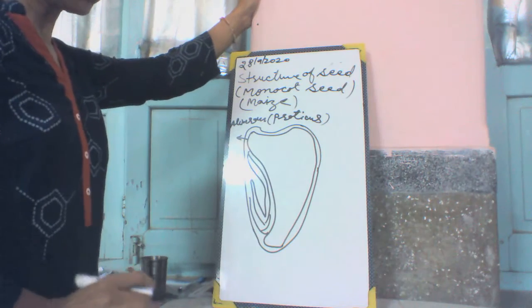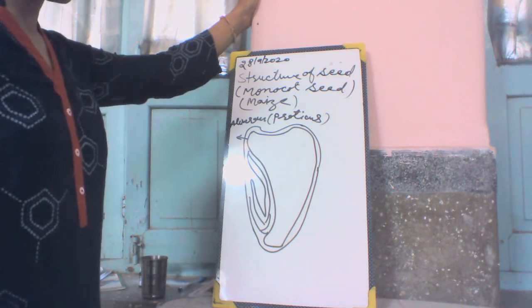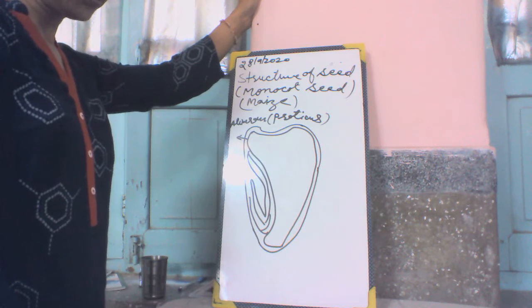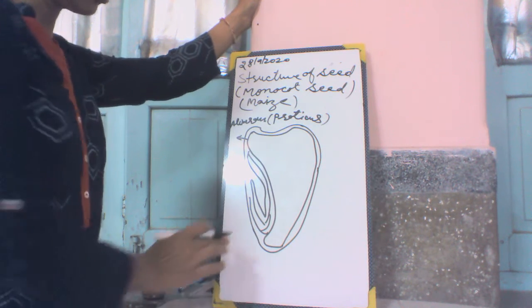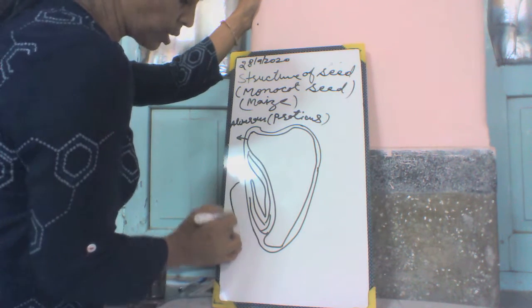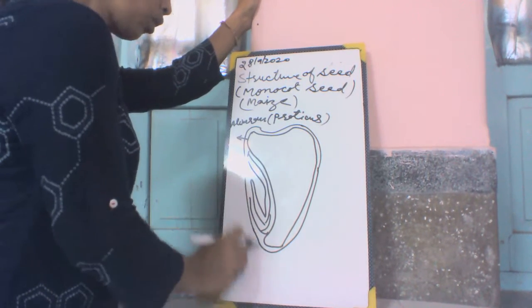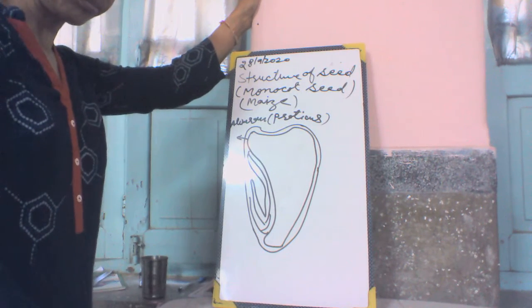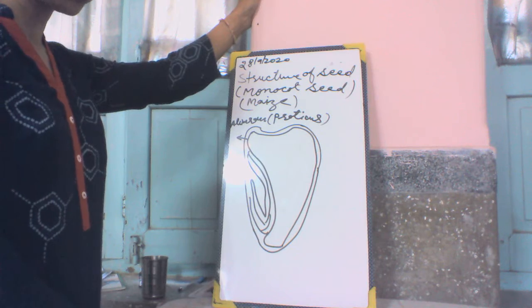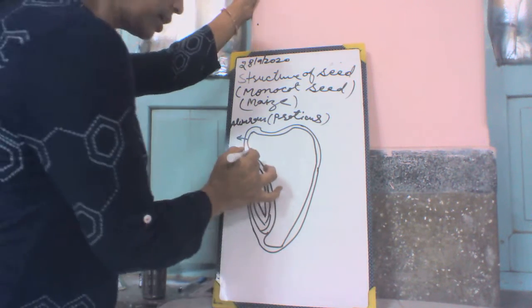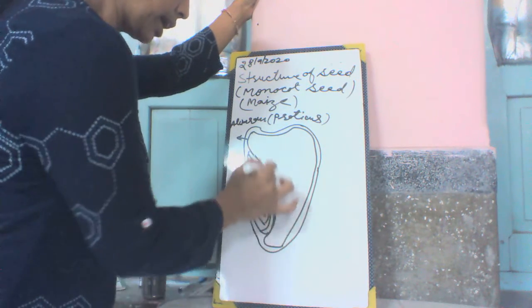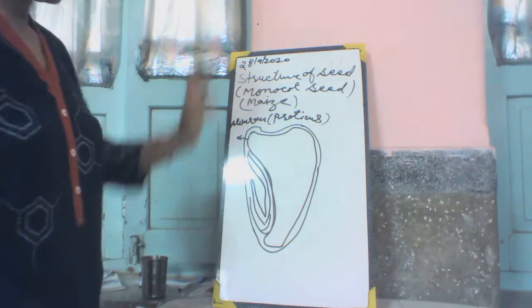After that, cotyledons. The lower part of the seed is the cotyledon. This part is known as cotyledons. Here there is a sheath of cotyledons, separated from the endosperm by a layer of tissue. This is the endosperm, and this separates the cotyledons.